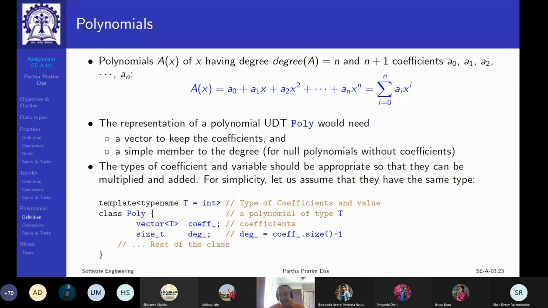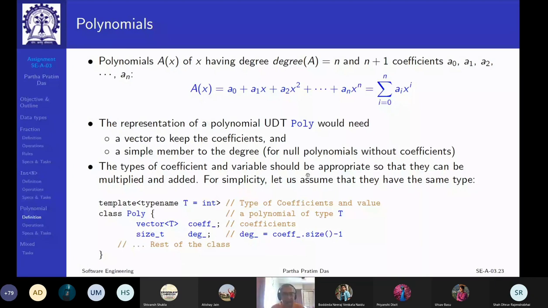And this is the assertion that I have. This is the property that it should satisfy, not must, that should satisfy: degree should be coefficient dot size minus 1, but not necessarily. I can say that degree is less than or equal to coefficient size minus 1, because the coefficient array must be as large.